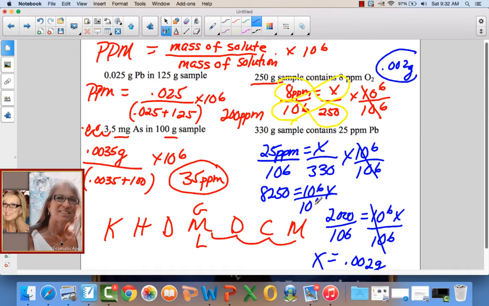Divide both sides by 10 to the 6th. And I get 0.00825 grams. And that is my answer.